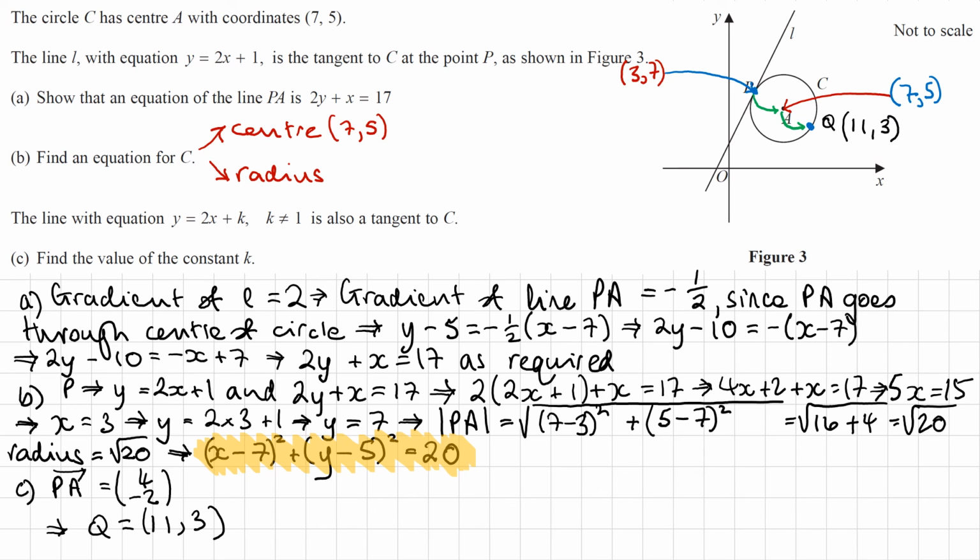Right, so we have this tangent which is parallel to L, so it has the same gradient, and we know it goes through 11, 3.